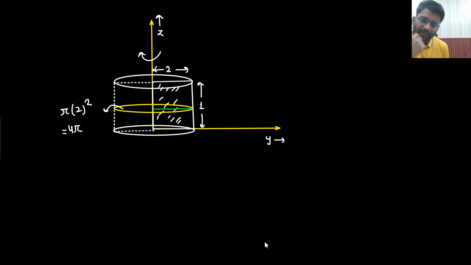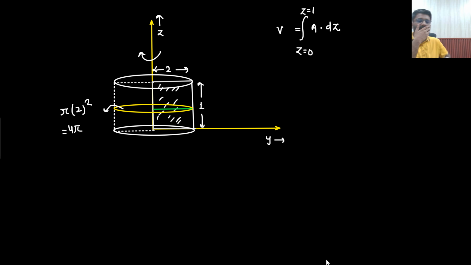Now this surface area has been stacked for length z. It is starting from here, completely stacked till the length of z, going from 0 to 1. This will represent the volume.